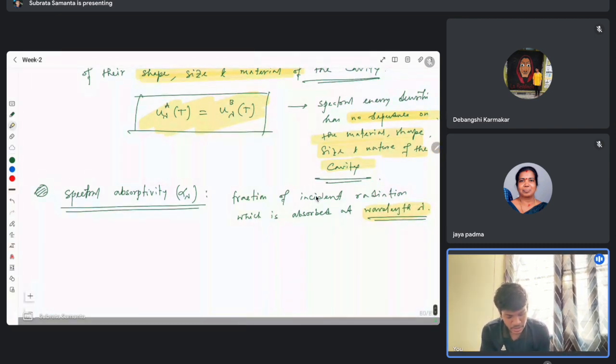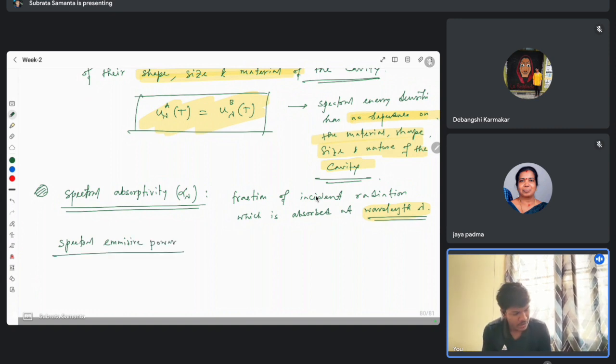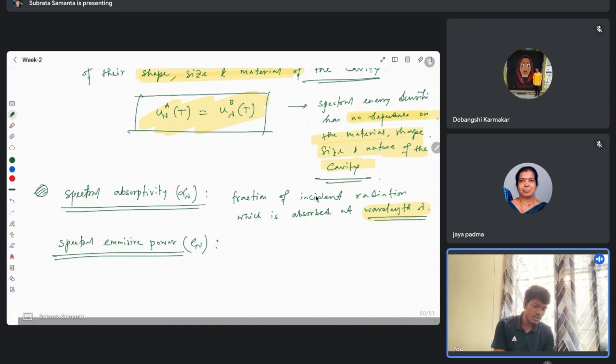And similarly, the other quantity is the spectral emissive power, which is called E lambda. We define these two things.